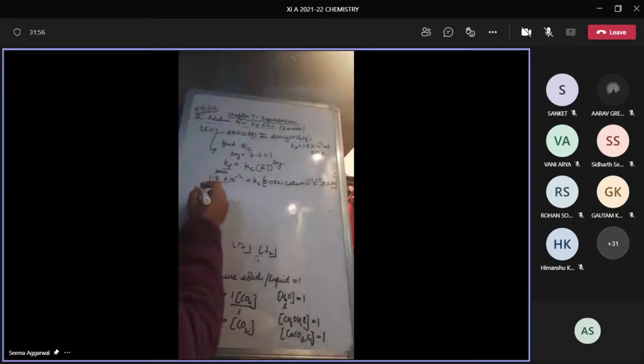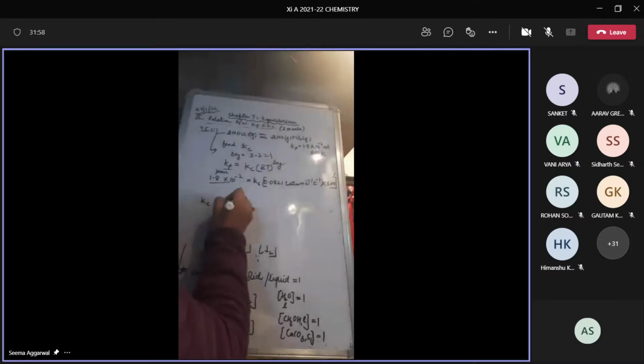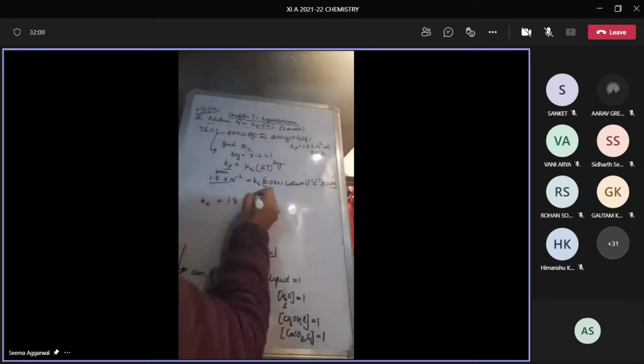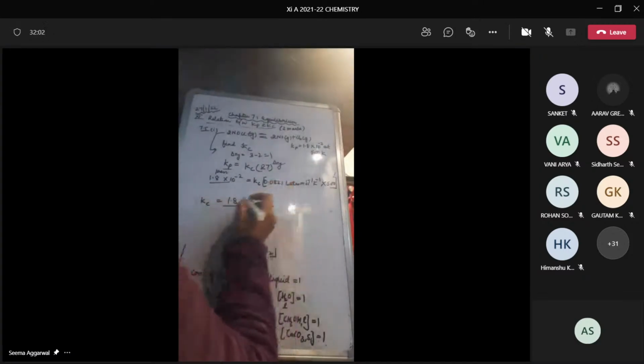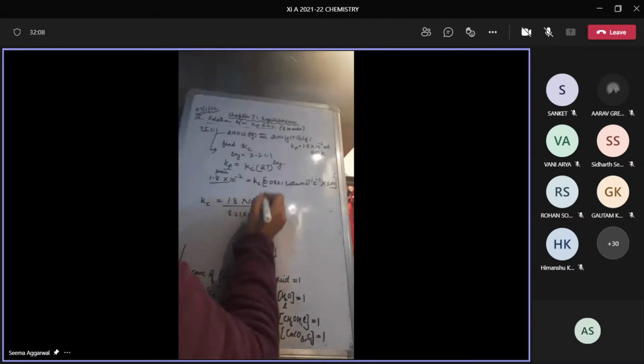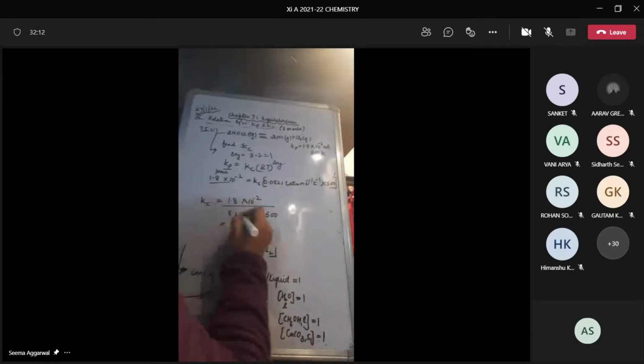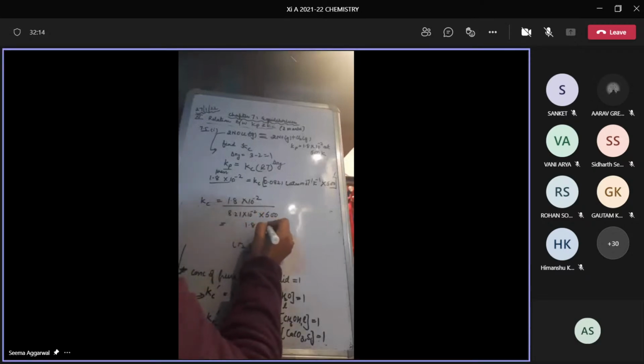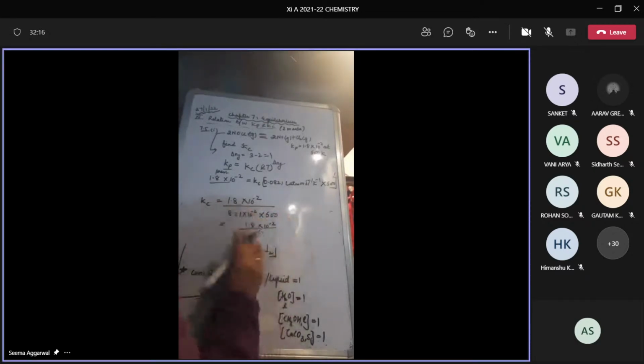So now Kc is equal to 1.8 into 10 की power minus 2 upon 0.0821 into 500. 1.8 into 10 की power minus 2, 5 को let's multiply it, 0.0821 into 500 is 41.05. ठीक है, powers ये हो गया.